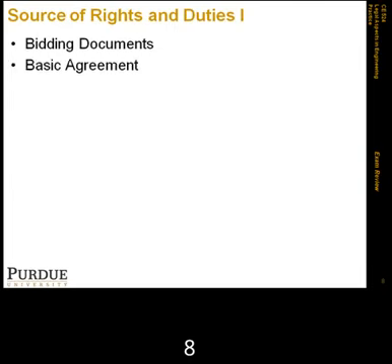So we started looking at the different types of documents within a contract. We basically had our bidding documents, which had your plans, your specifications, your general and supplementary conditions, your invitations to bidders, information to bidders, and bid proposals.